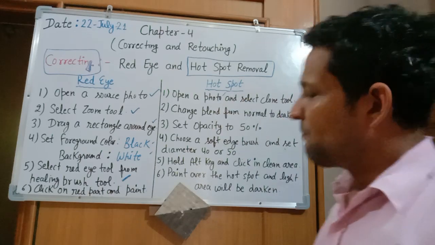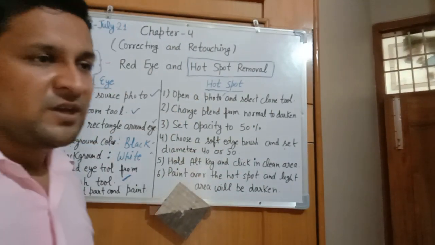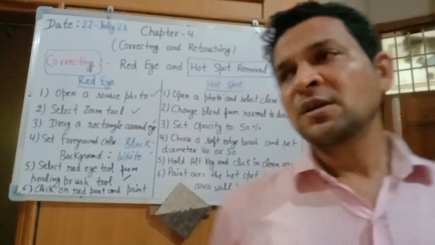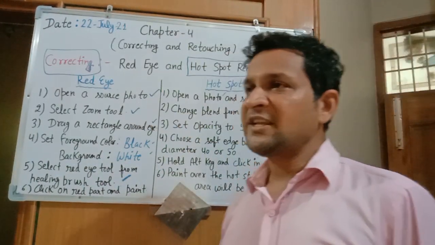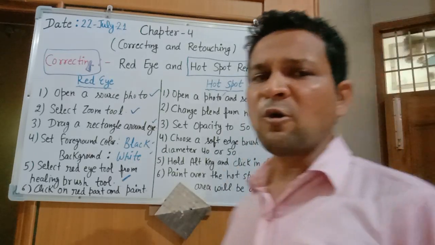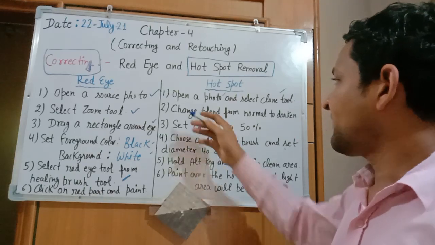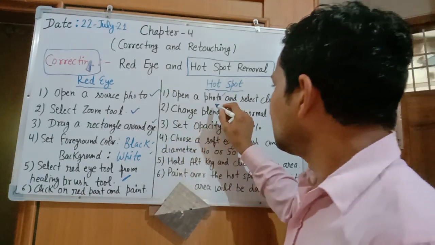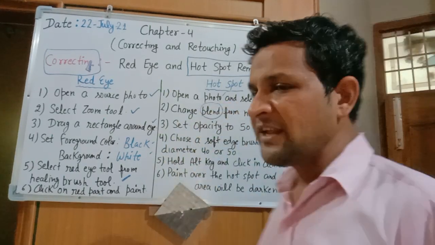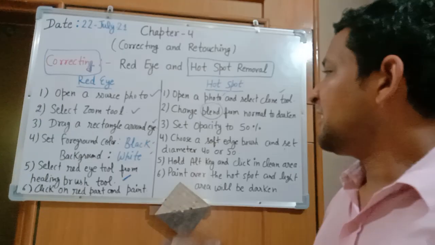At first, you will open a photograph on which you want to apply the hot spot effect, on which you want to remove the face area that is looking shiny, and select the clone tool. It is the clone stamp tool. Select that tool for editing purposes. Afterward, change blend. What is blend? Blend is an option that is available in the option bar.